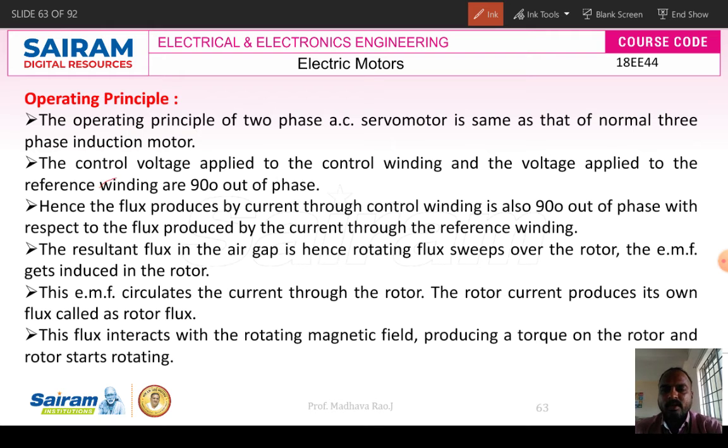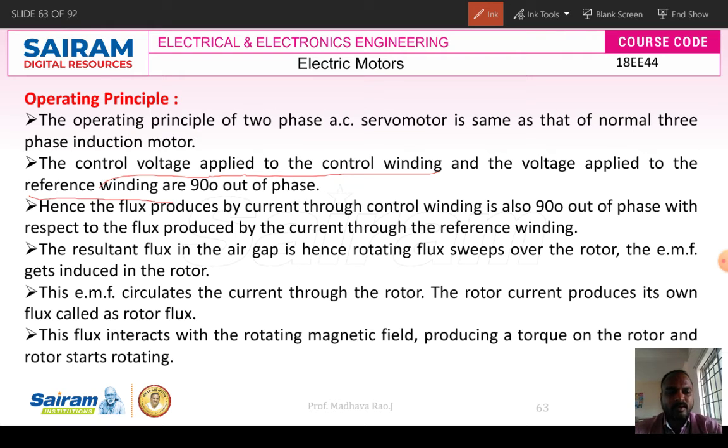The control voltage, where is it applied? It is applied to the control winding, and normal voltage is applied to the reference winding. These voltages are 90 degrees out of phase. Hence, the flux produced by the current in the control winding is also 90 degrees out of phase with respect to the flux produced by the reference winding.